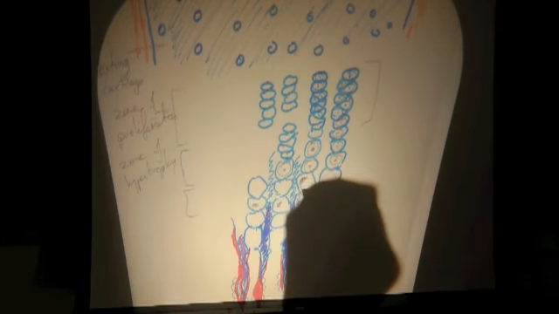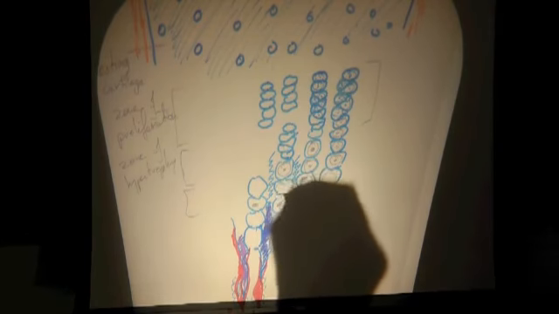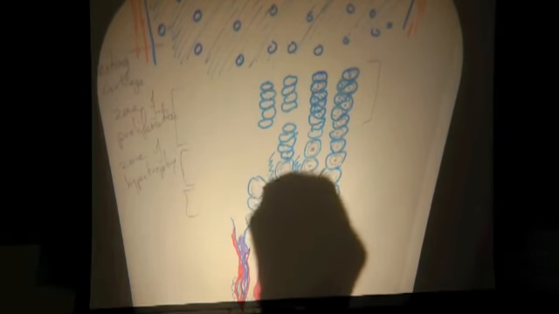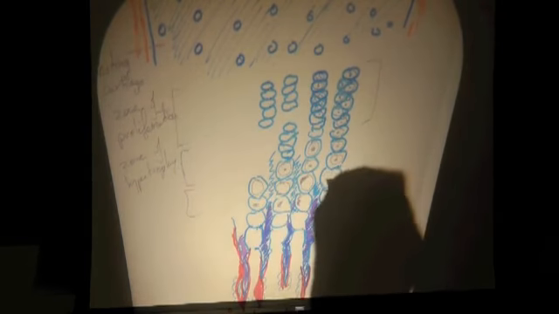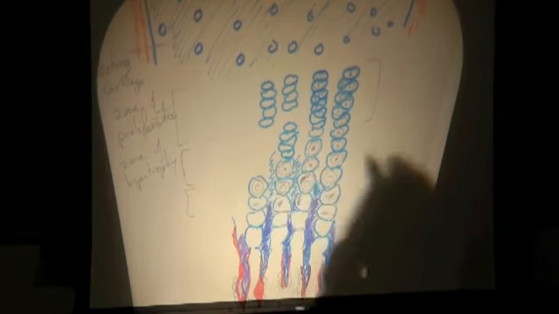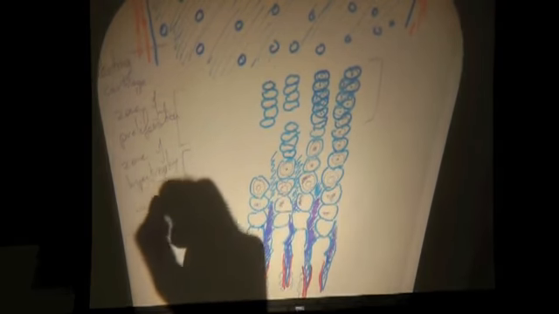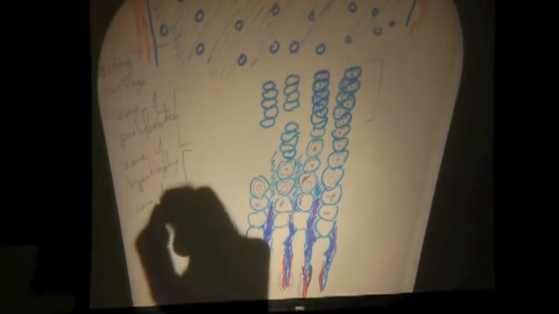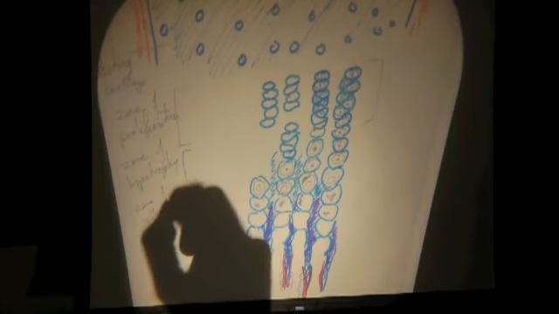Now, just before we get to that point, though, I guess I probably should have drawn this a little bit differently. These hypertrophied cells will show a nucleus that is very large and very pale. Let's slow down.